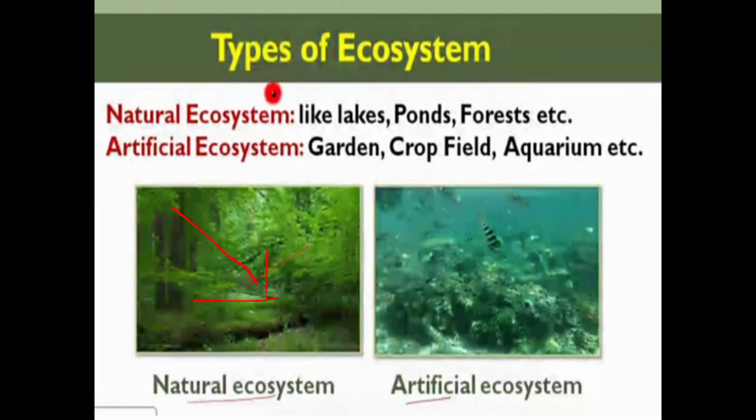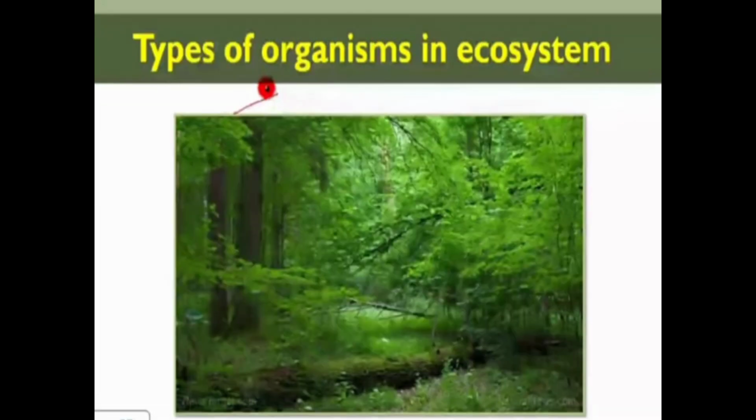Artificial ecosystem is an ecosystem which is man-made, made by humans. Example: garden, crop field, aquarium, etc. We can see here that the aquarium is given in the figure as an example of an artificial ecosystem.